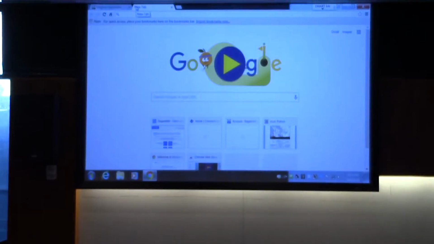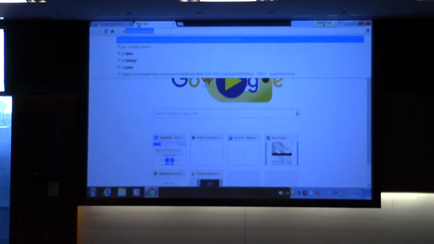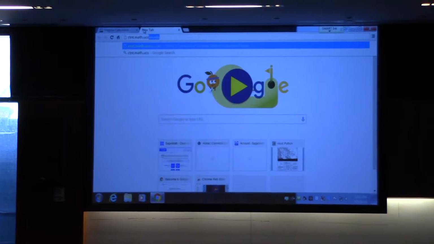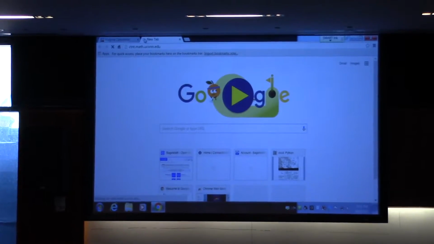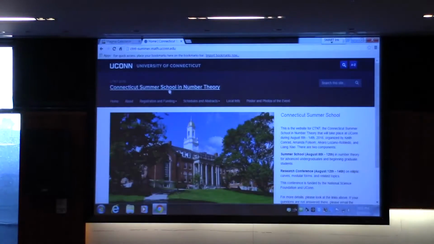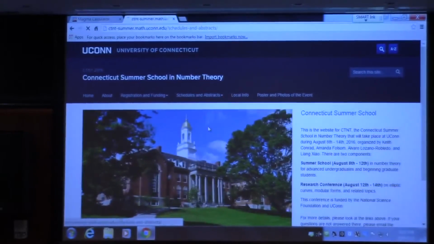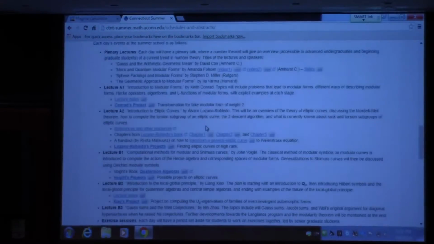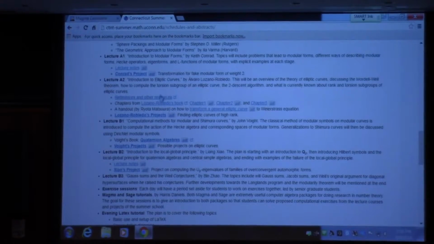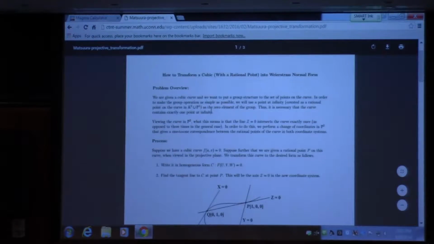I'll show you. There is some paper that a friend of mine, Ryota Matsura, wrote a while ago. So here, I put it here. How to transform a general elliptic curve into Weierstrass normal form.